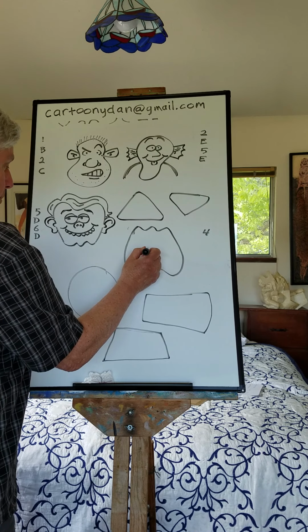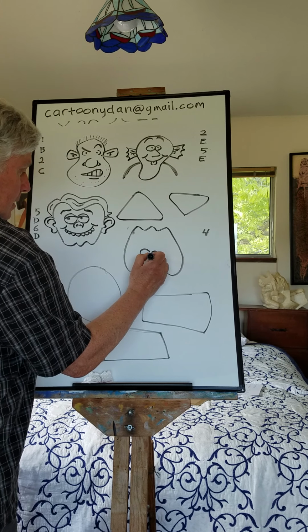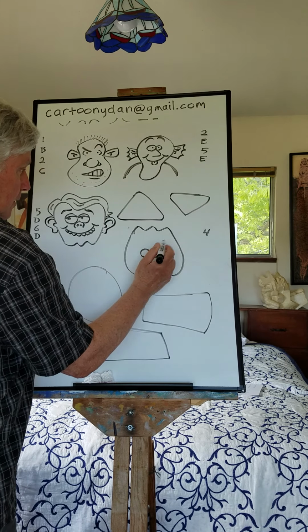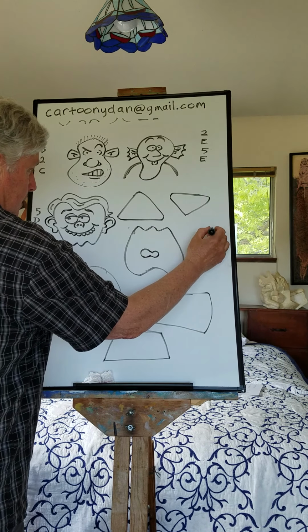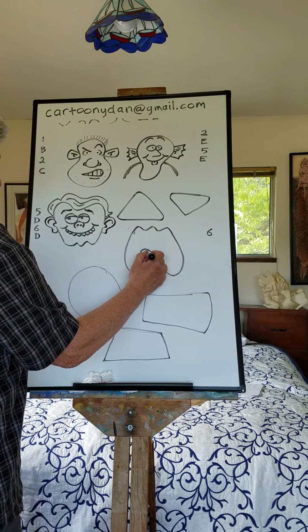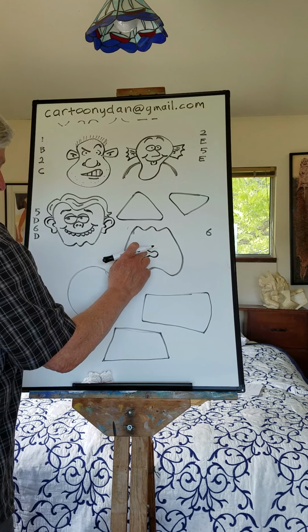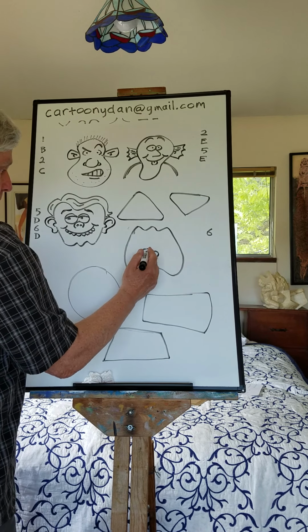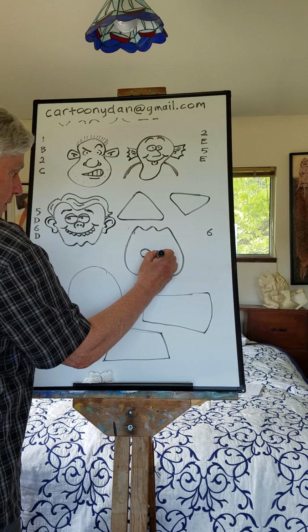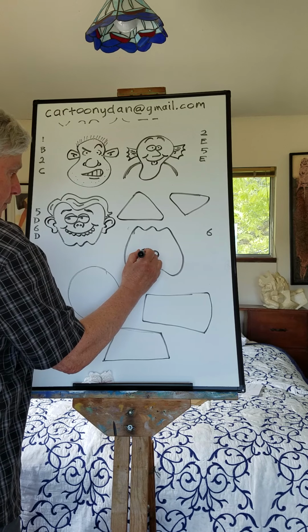And these eyes are number 6. Excuse me, I started with 4 there. So let's do 6. And there's 2 dots in here. And the dots can be anywhere, so they don't have to be right in the middle. If you want this character looking over to the side, one way or the other, you can just shift them over here.